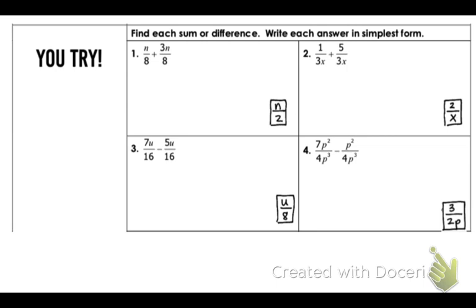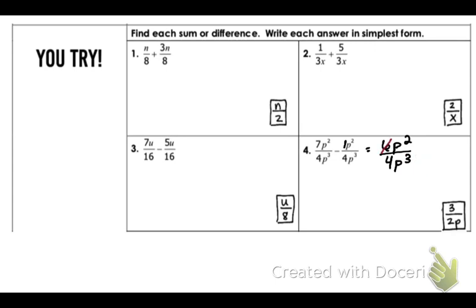Alright, now I'm going to do 4. So same with 4, the denominators are the same. That's good. My numerators, I'm going to combine them. 7p squared minus a p squared, that's technically a 1 there, is going to give me 6p squared. And then we're left with 4p cubed. Because again, these are attached by multiplication, I can simplify stuff.